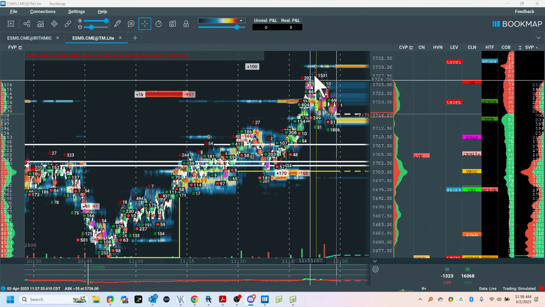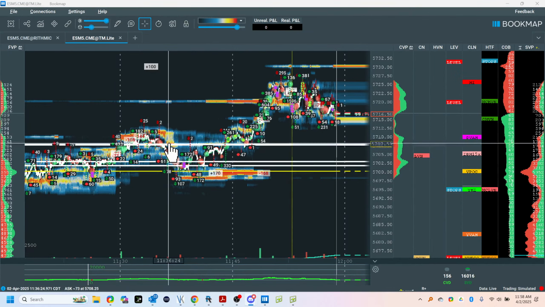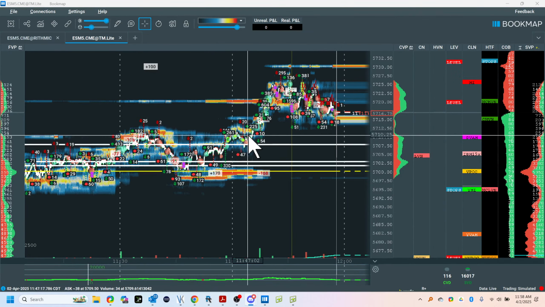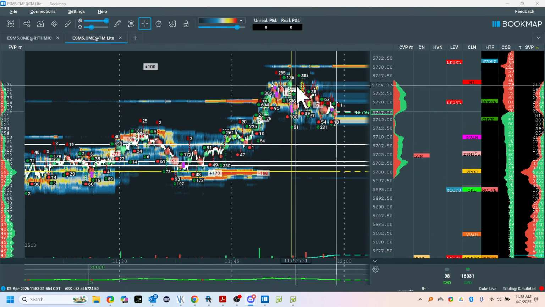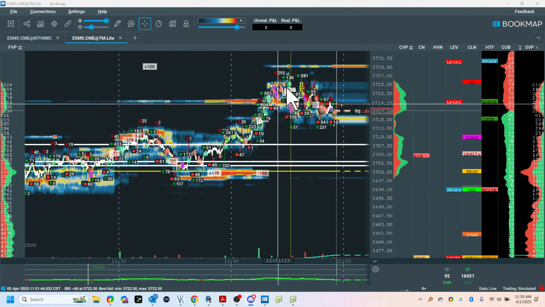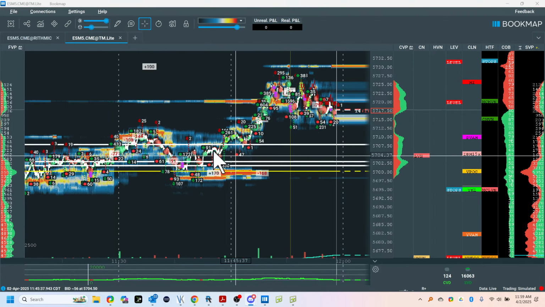Now, this is suggesting a counter rotation. I don't fade it. What I do, and I'm not saying this is a good plan, I'm just talking about me. Back years ago, I used to flip-flop like a flounder on the dock. And I would trade long, short, long, short. I don't do it anymore because it's too much work.